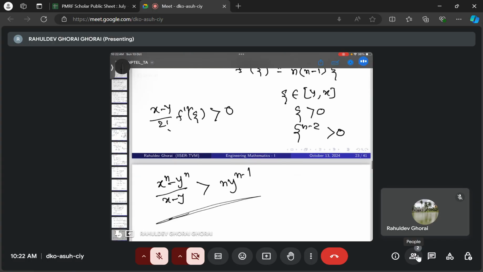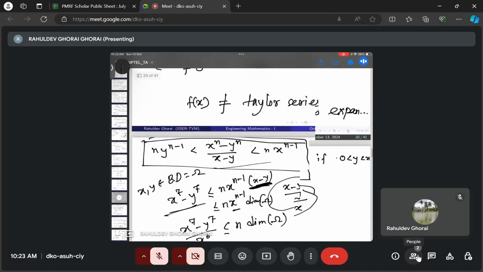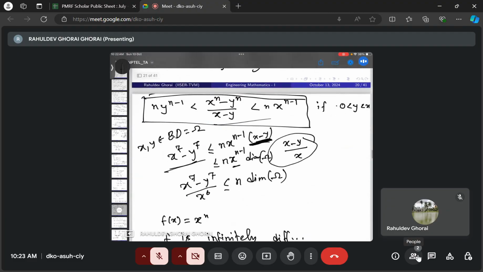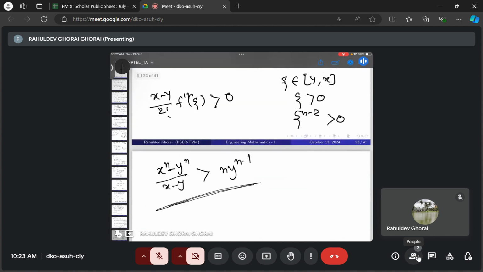See, one part you have shown, the first part. N y to the power n minus 1 is less than (x to the power n minus y to the power n) over (x minus y), which is greater than n times y to the power n minus 1.